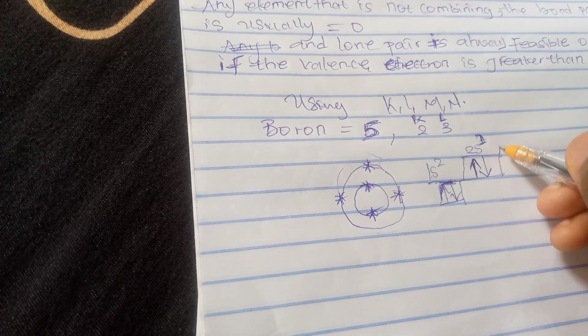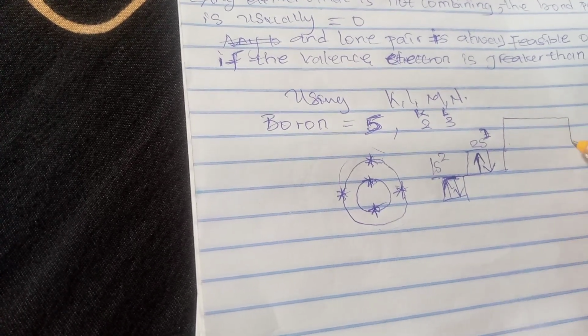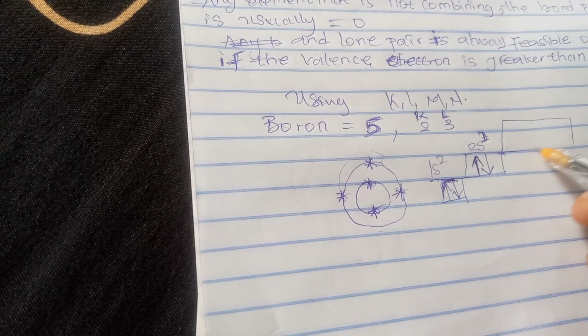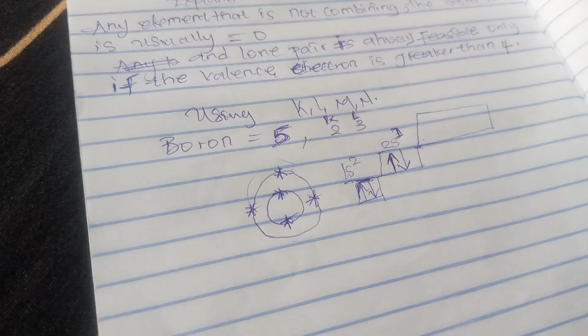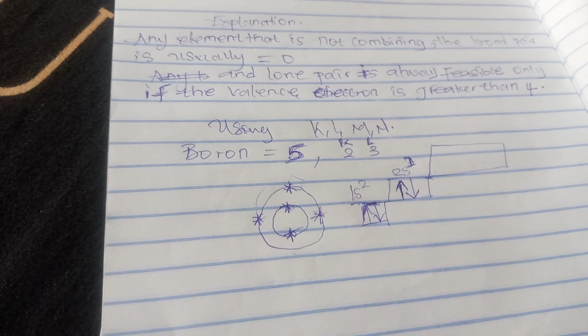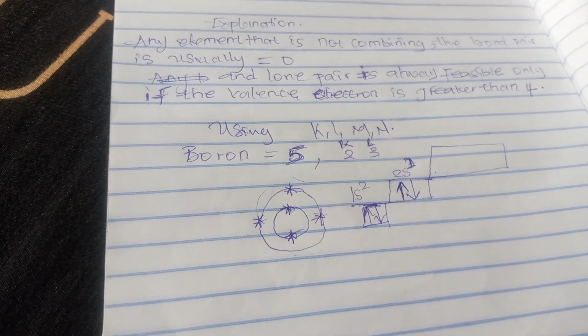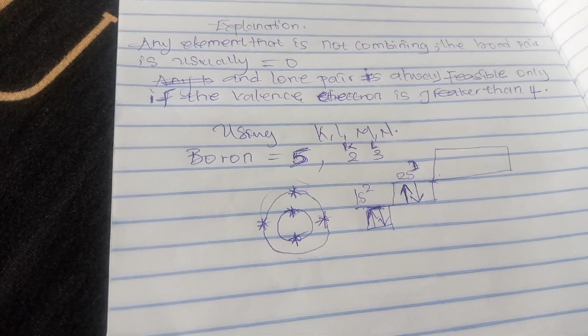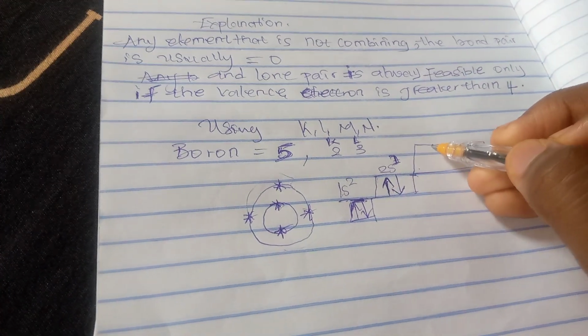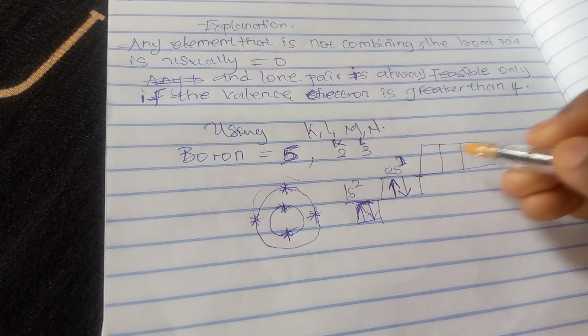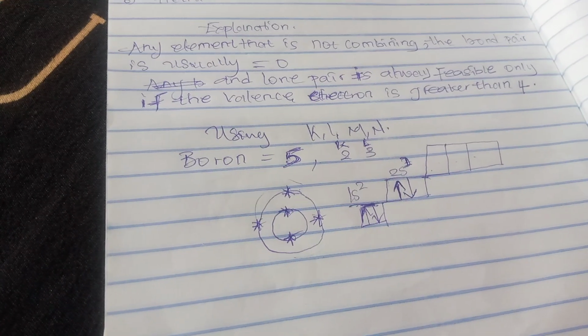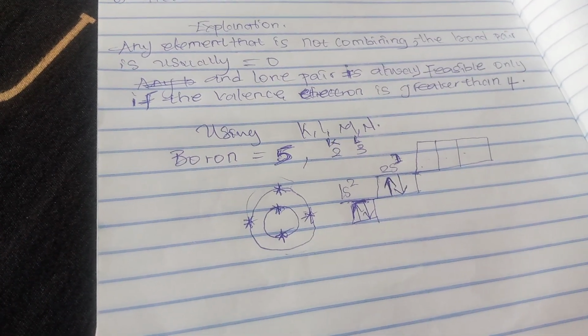Now we have to draw for the P. Take note that your P orbital usually has 3 spaces to fill: 1, 2, 3. Take note, your P orbital usually has 3 spaces to fill.